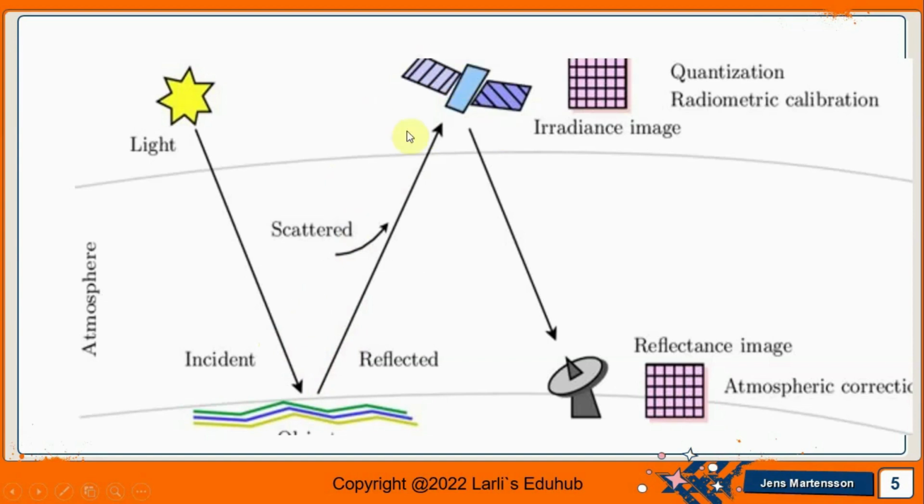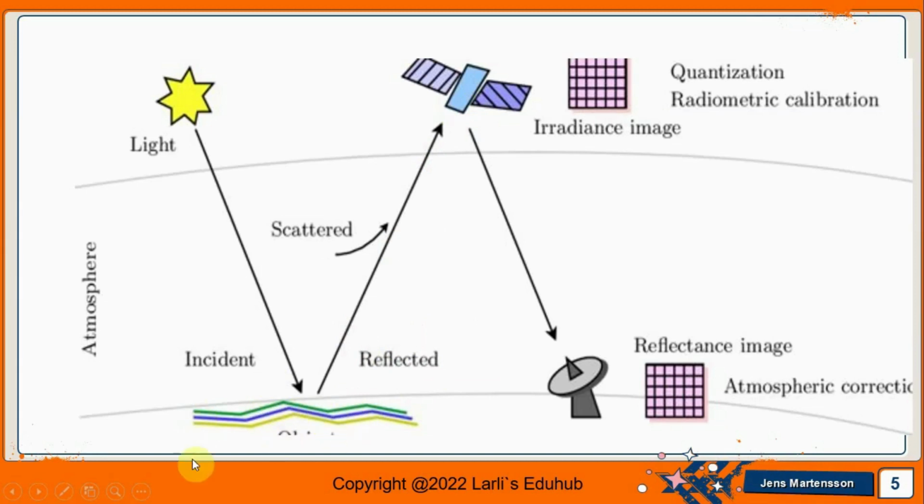And what we have here is our sensor. So I would say this is a satellite remote sensor. And what this sensor does is it captures the reflected energy that is incident on the object we have here.